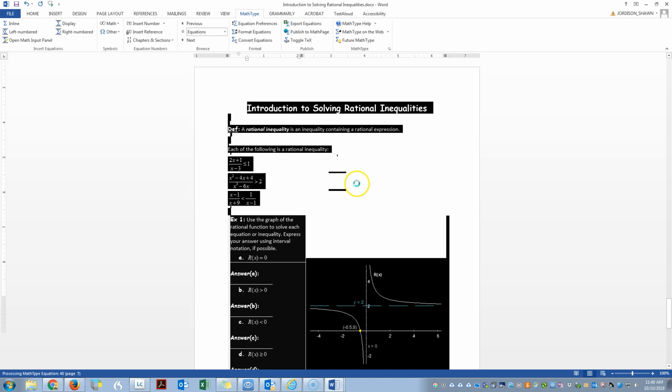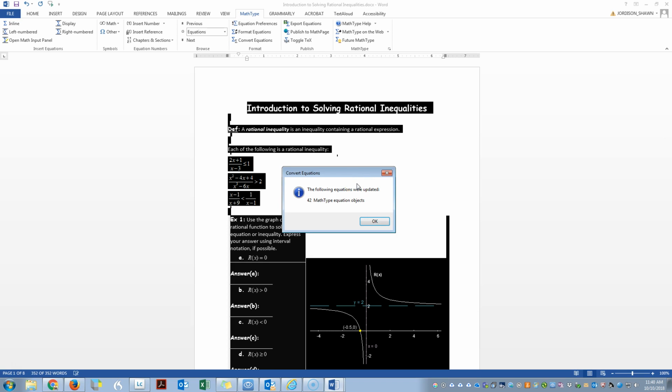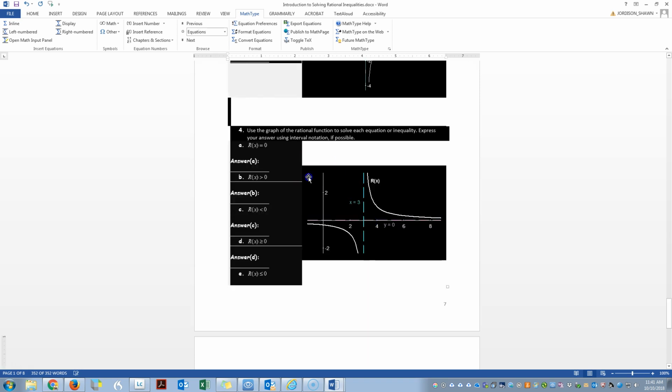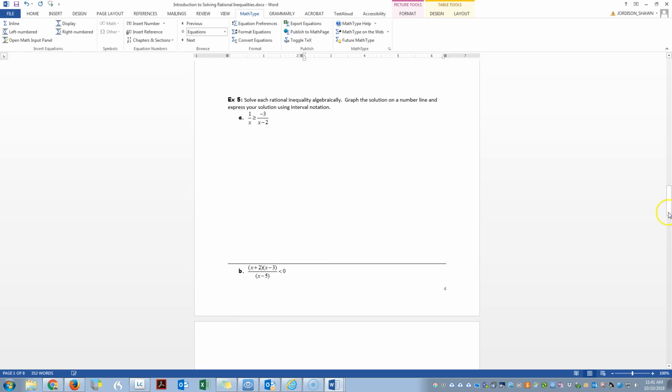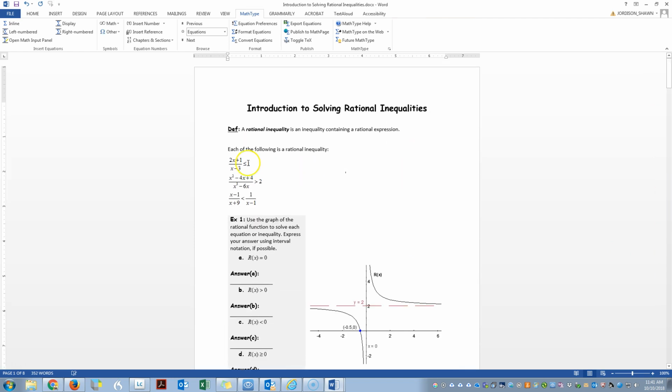MathType allows you to have the most accessible math problems, and it can be used with the most assistive technologies. So it looks like we converted 42 objects. And that was simply done by clicking Convert Equations after I selected all. Okay, so we're on the right track here. We have our math now accessible.